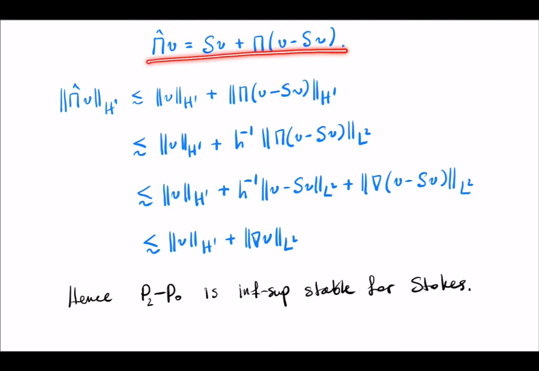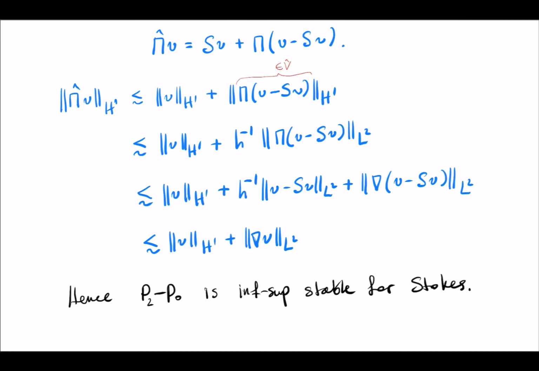So let's recall the definition of pi hat, and we now try to bound the H1 norm. The Scott-Zhang projector is stable in H1, so we will get the H1 norm of v. We write it like that, and because this pi applied to that is in a finite element space, so this is in v hat, we can use the inverse inequality.